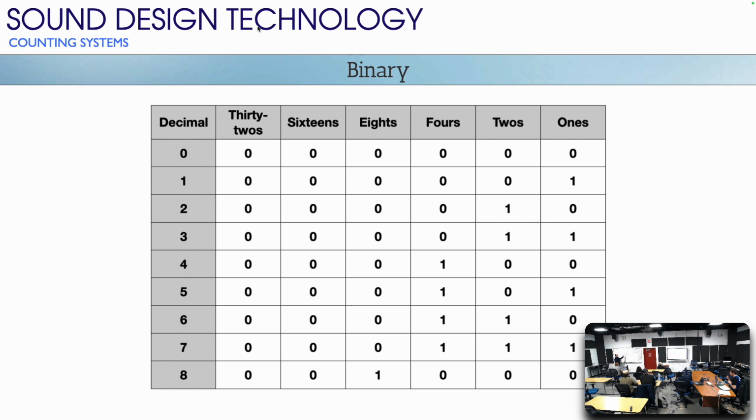So 1,000 of those is a kilobyte. What would be a megabyte? A megabyte is 1,000 kilobytes. A gigabyte is 1,000 megabytes.